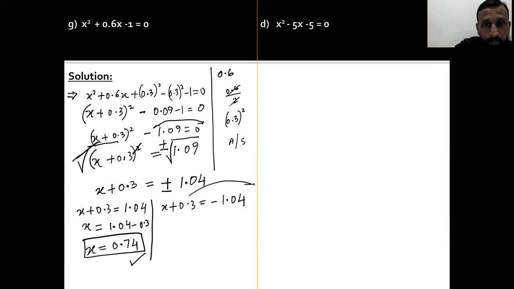The second part of it. X equals to minus 1.04 and minus 0.3. So when you add up the two negative numbers, you have negative 1.34.